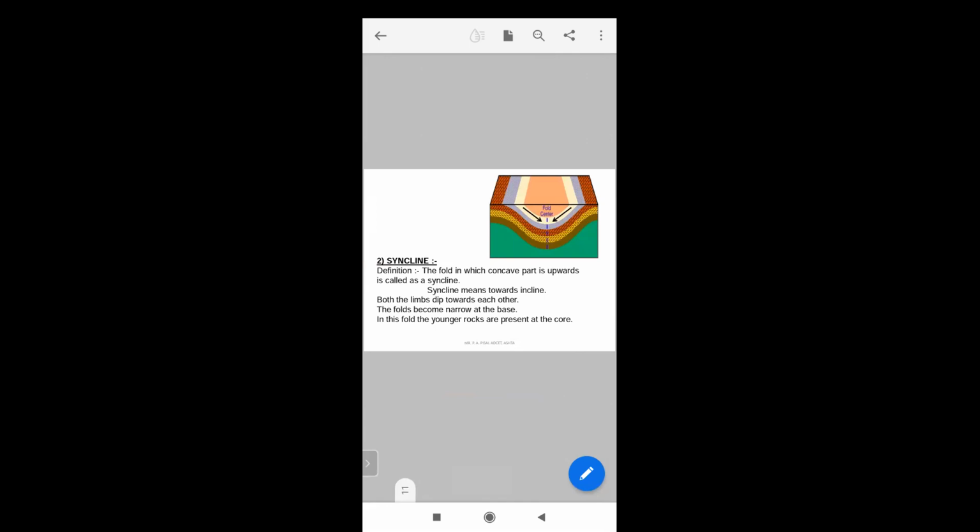When you look at the properties, you can clearly see the difference. The syncline means the fold in which the concave part is upward, and the convex part is towards the bottom side.